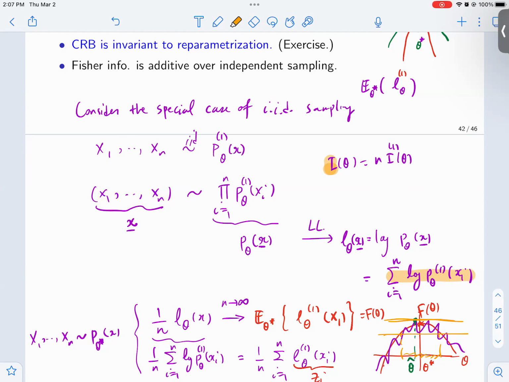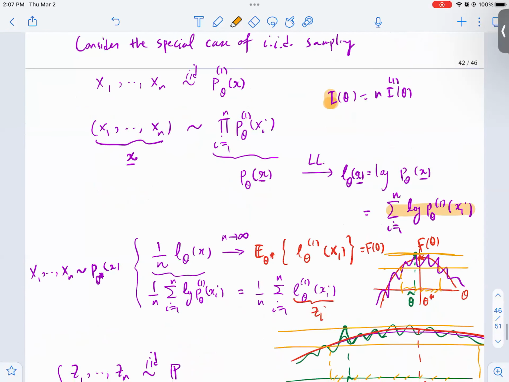And the idea is, suppose I have this IID sampling. I have a parametric family, and the true parameter that generates this sequence is some theta star. Then you have a procedure to estimate this parameter, and you view this as a decision rule.